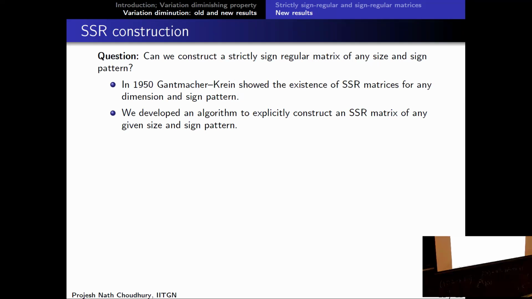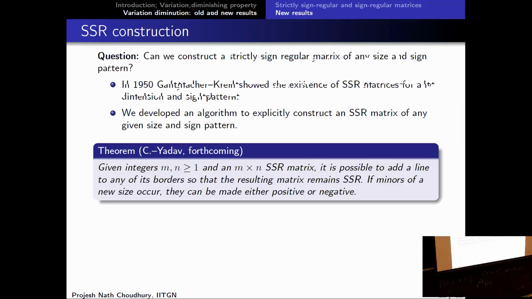And this algorithm depends on the fact that if we take any SSR matrix, you can add a new column at the beginning or at the end of this matrix, and the resulting matrix will again be an SSR matrix.